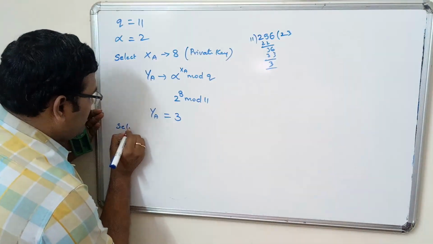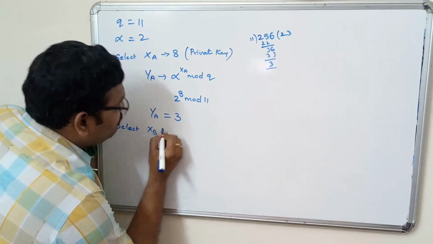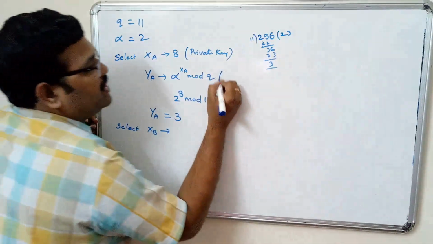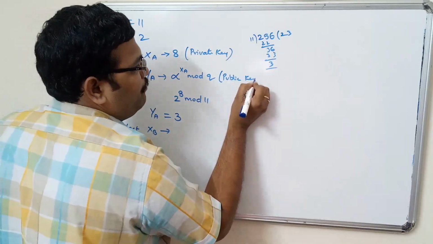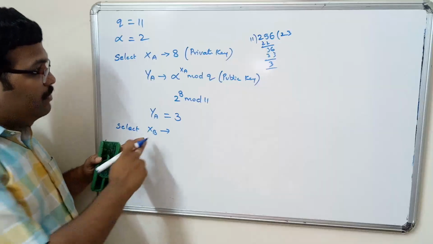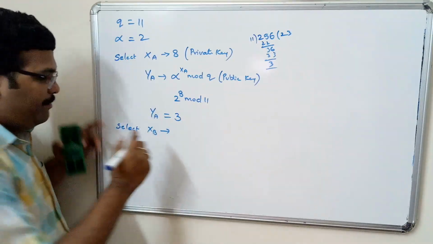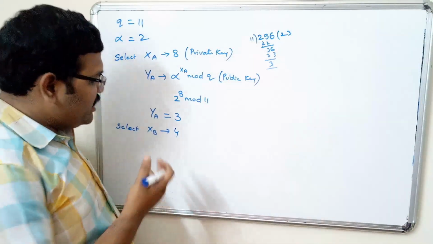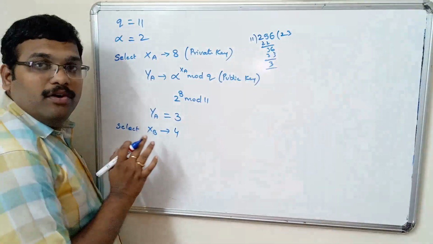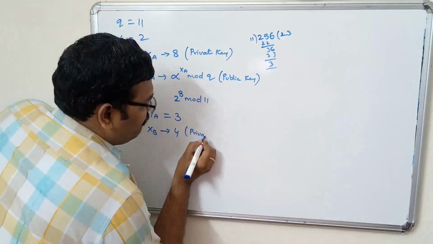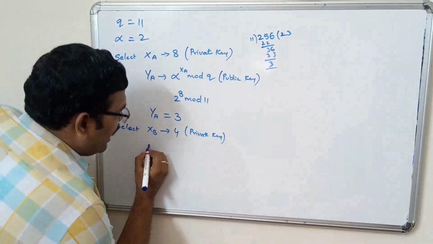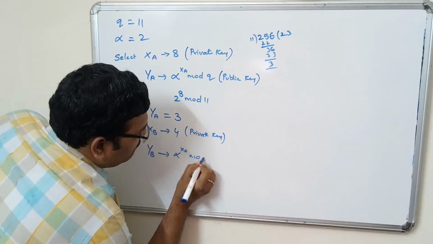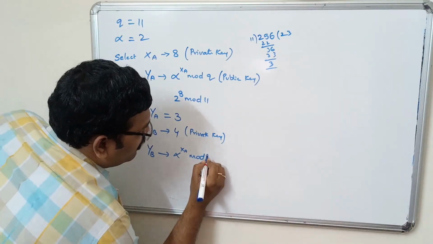Next, select XB, which is the private key of user B. I will select it as 4. Here also the condition is that it must be less than q. So 4 is the private key of user B. Now I have to calculate the public key YB, which is equal to alpha power XB mod q.